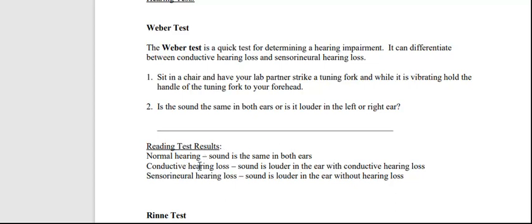If you have a conductive hearing loss, meaning those bones aren't vibrating against the eardrum correctly, the sound will be louder in the ear with a conductive hearing loss. The sound is louder in the ear with a conductive hearing loss.